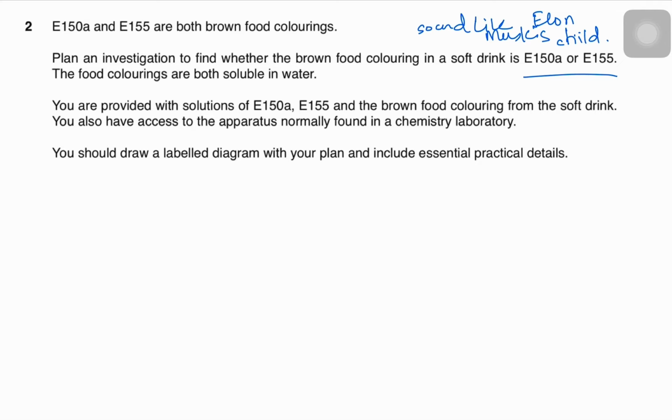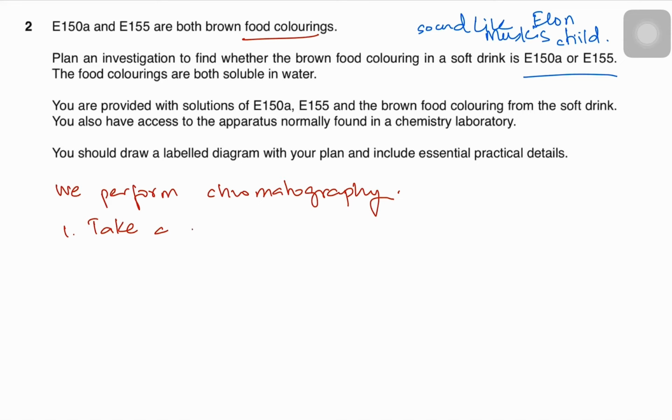So I will obviously be doing chromatography here. So you can say we perform chromatography. Don't forget to mention the details. How will you do it? So the steps involve: take a piece of clean filter paper.